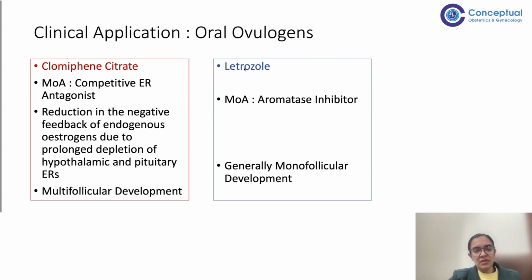Similarly with letrozole, as it's an aromatase inhibitor, FSH is acting on the follicles, and again the body thinks, since estrogen is not getting produced as much, that there is a lack of estrogen, and the pituitary secretes more FSH. So where initially ovulation was not occurring, now ovulation is going to occur with a higher level of gonadotropin.